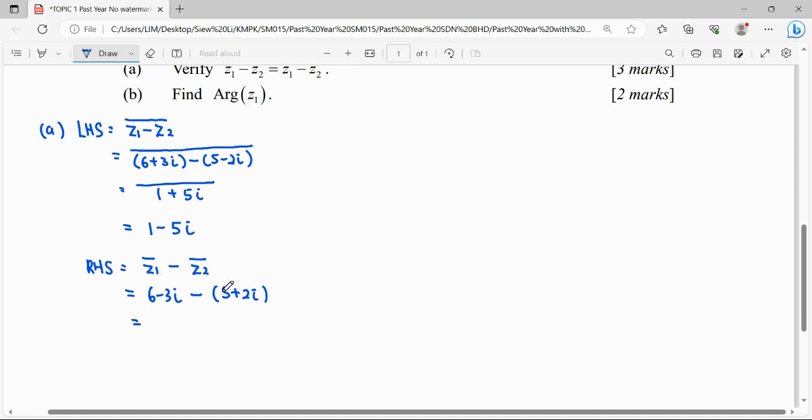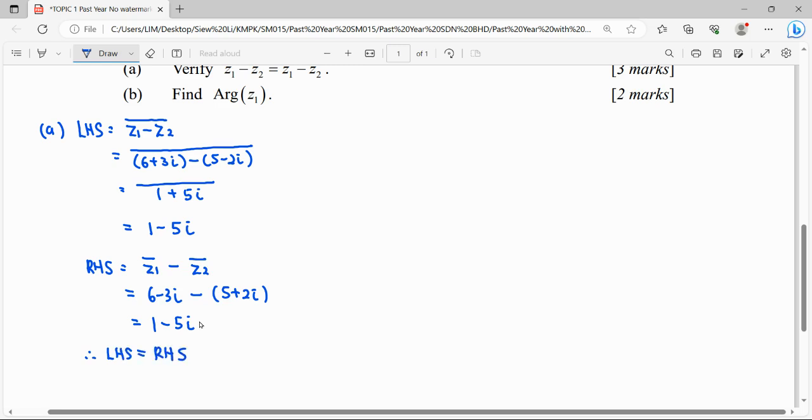So real part minus real part, we get 1. Imaginary part minus imaginary part, we get negative 5i. So notice that our answer from left hand side and right hand side are the same.